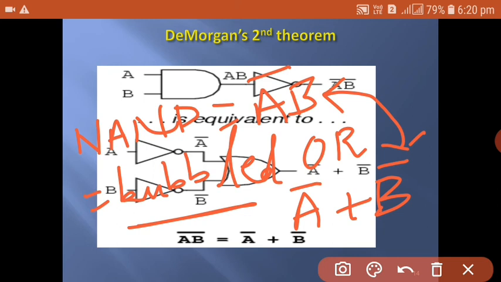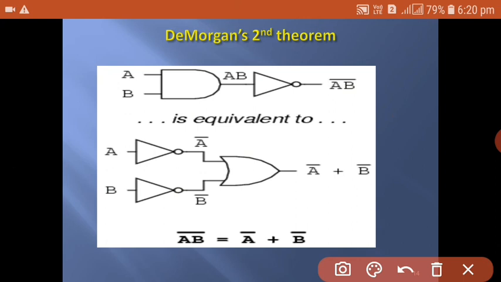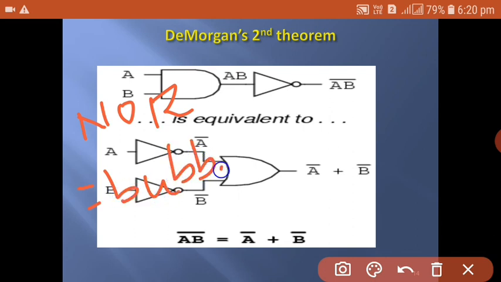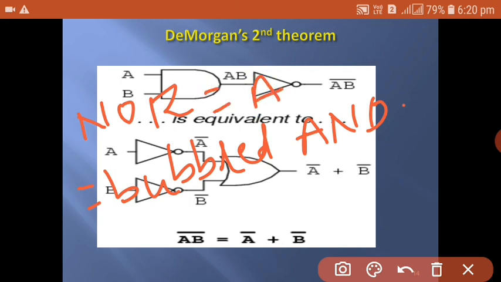In the previous De Morgan's first theorem, what we have seen is that the NOR gate is equivalent to bubbled AND. The NOR gate is A plus B whole bar.